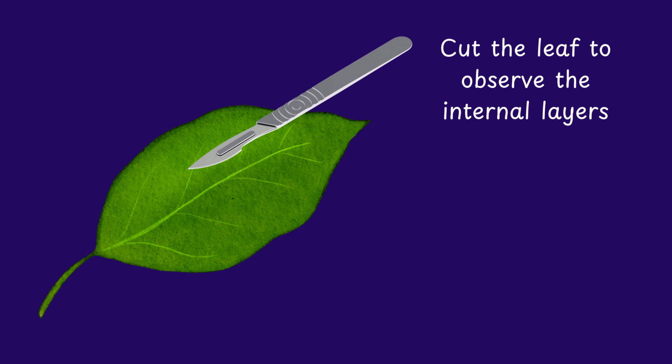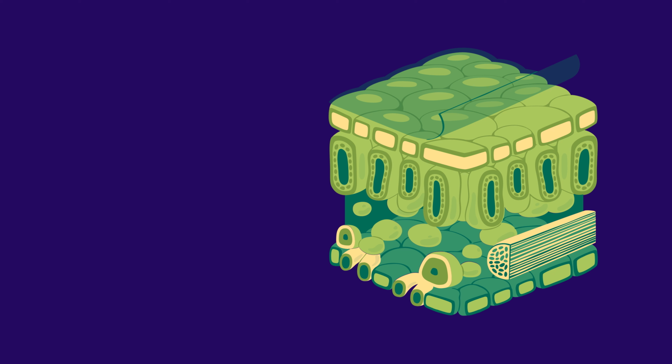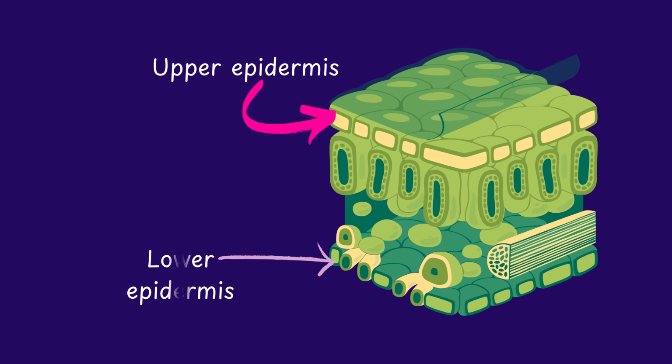Let us now cut this leaf to observe the internal layers of the leaf. We will need a powerful microscope to observe these layers. Let us now look at the tissue organization in the leaf. First we have the upper epidermis and the lower epidermis. And then in the middle we have the mesophyll layer.